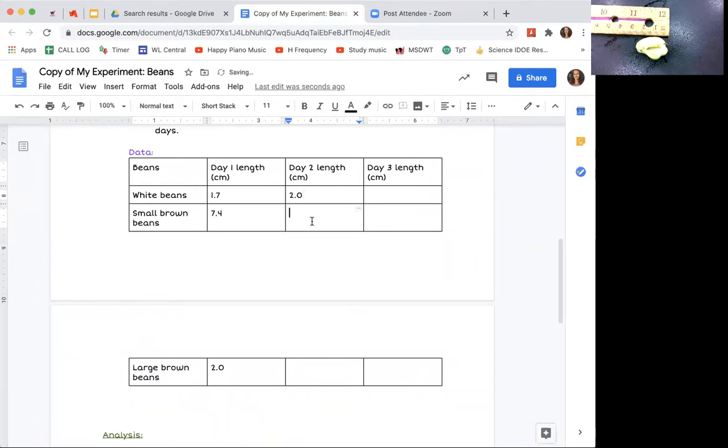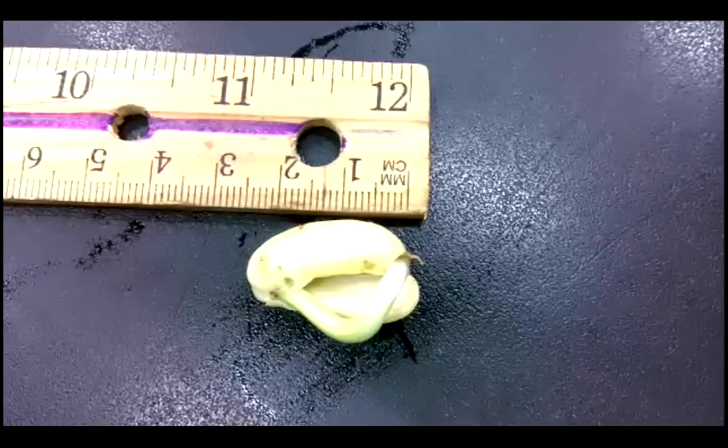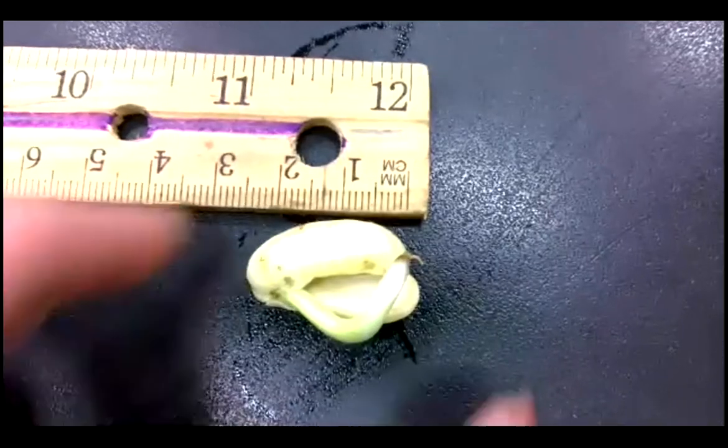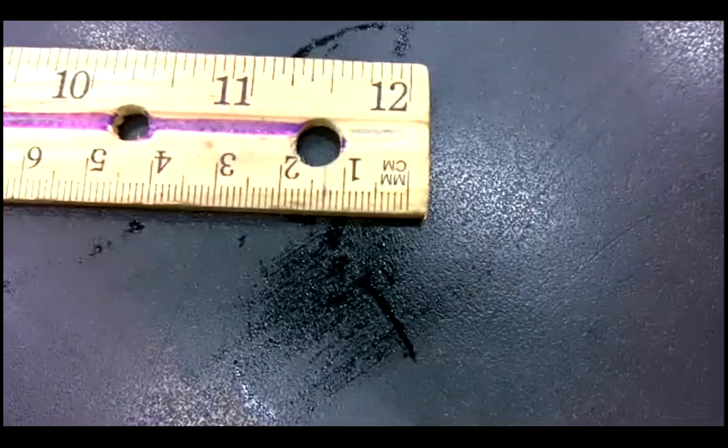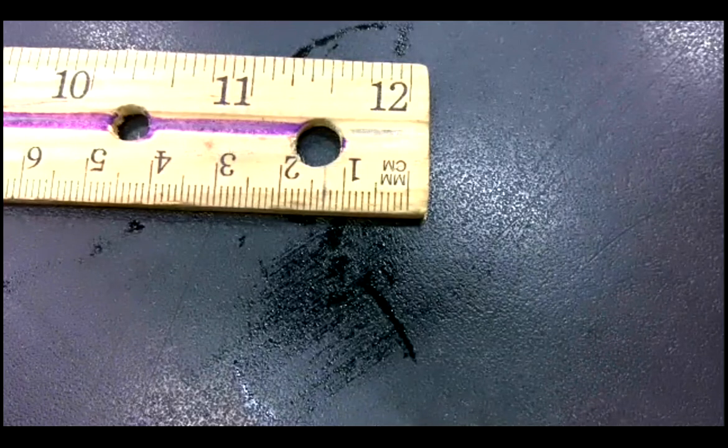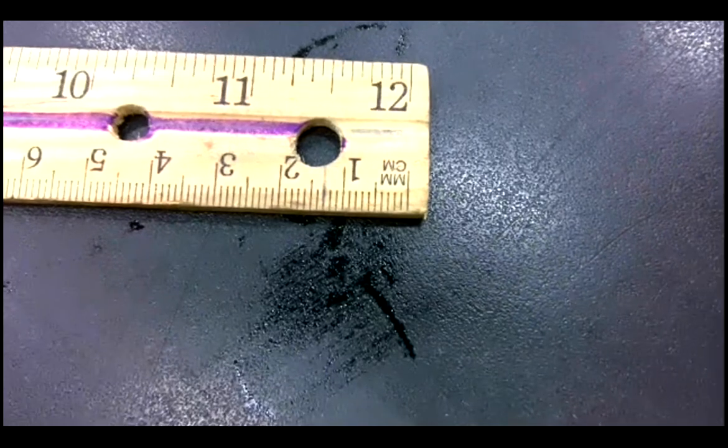Okay, so now let's take a look at our small brown bean. This was the one that was the largest last time. That is the one. Okay, so these ones have had a lot of growth overall.